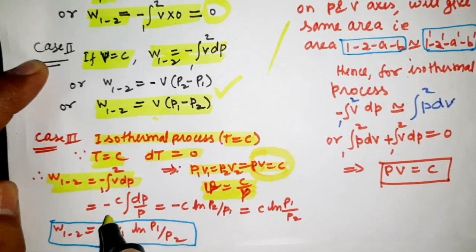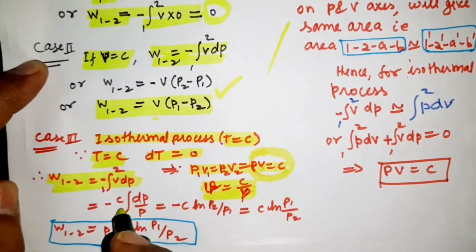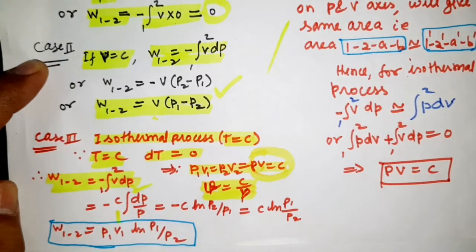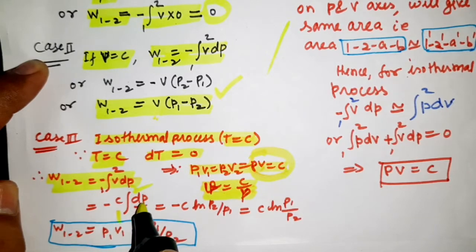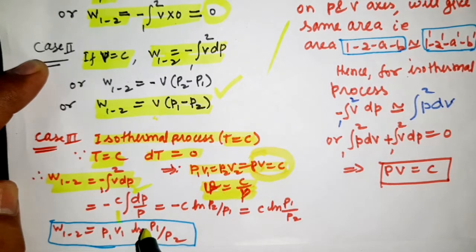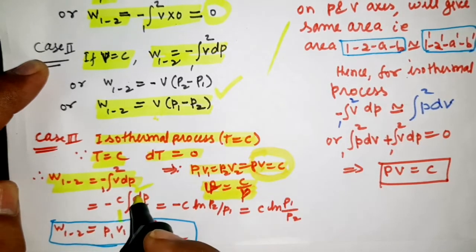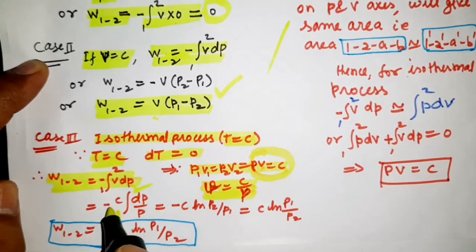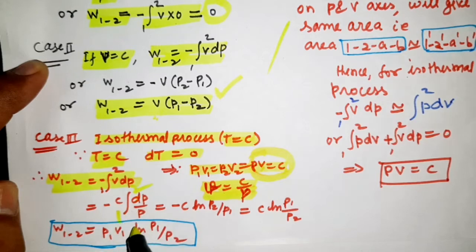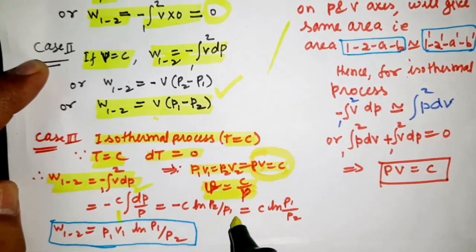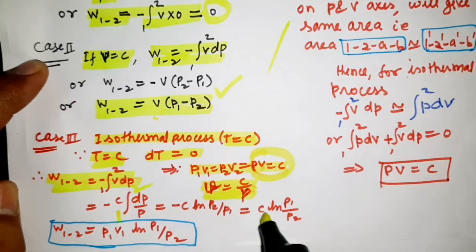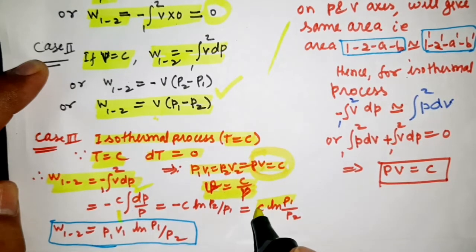W1 to 2 is equal to minus integral V dP, limit 1 to 2, can be written as minus C dP upon P. C is common, so you can see dP upon P. So this is equal to minus C ln P2 upon P1, or we can say C ln P1 upon P2.